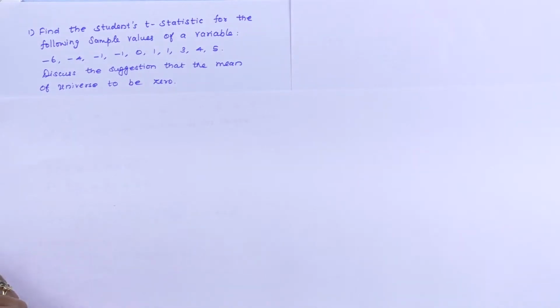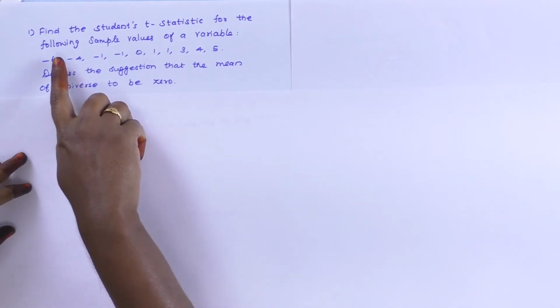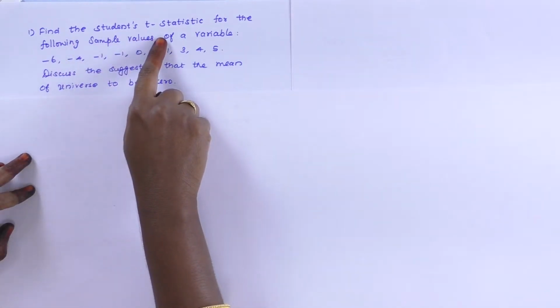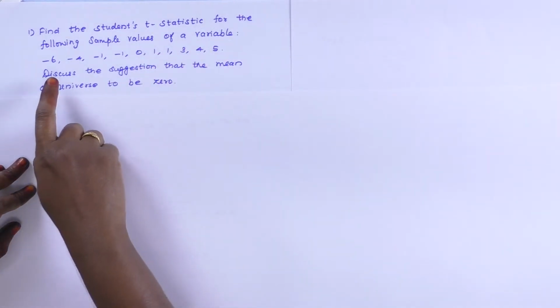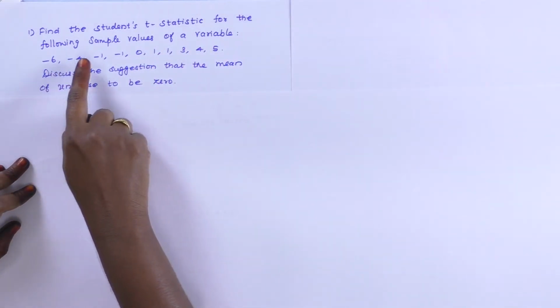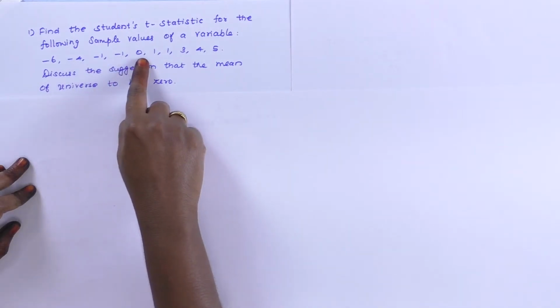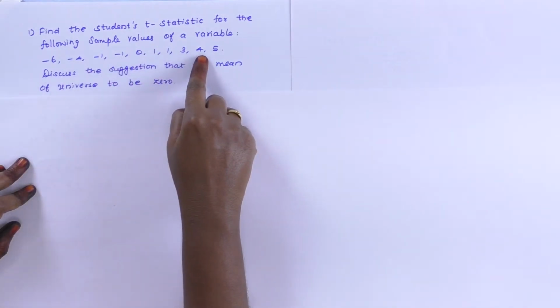Test the significance for a single mean. Find the student's t statistic for the following sample values of a variable. The data are -6, -4, -1, -1, 0, 1, 1, 3, 4, 5.